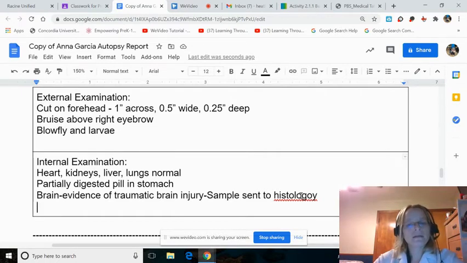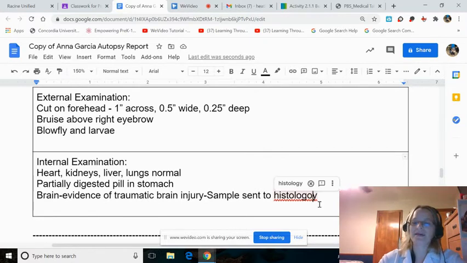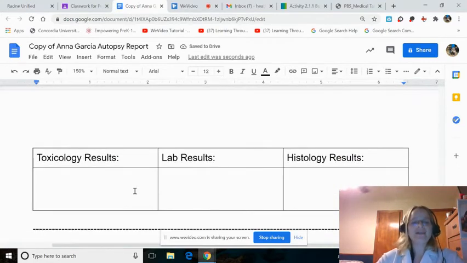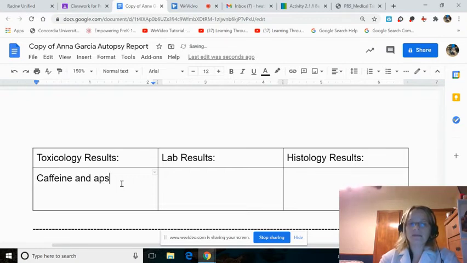Next, I can spell. I promise I can. Next, we have toxicology results. You may have this because when we found this out, I was still having you enter these in. So there's caffeine and aspirin in system, non-lethal amounts.